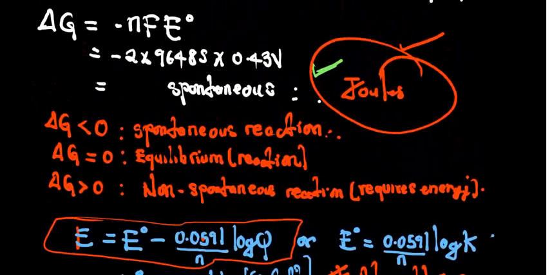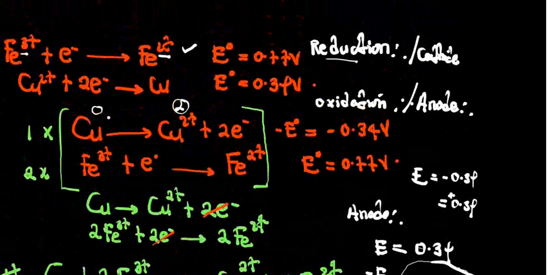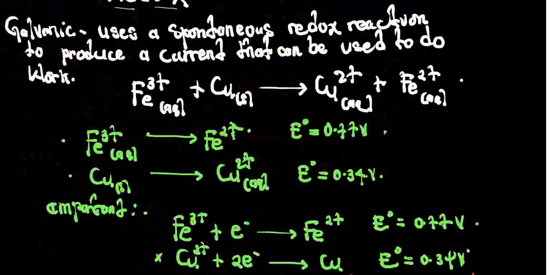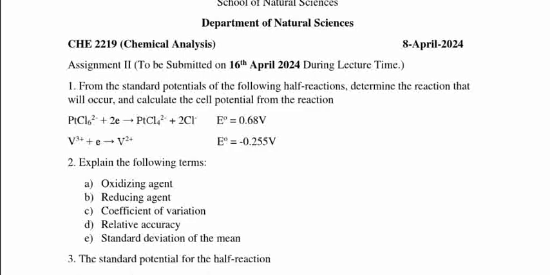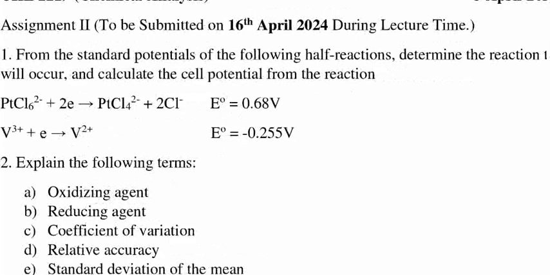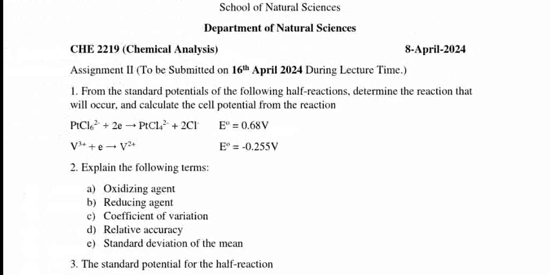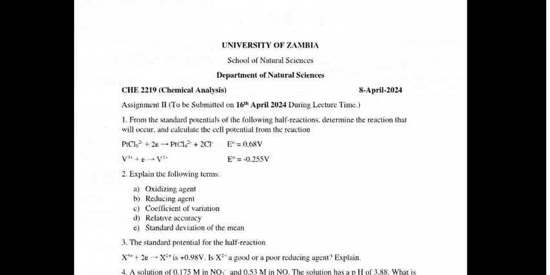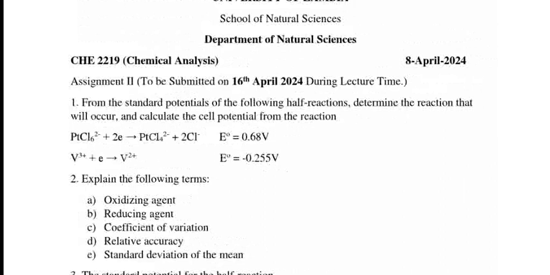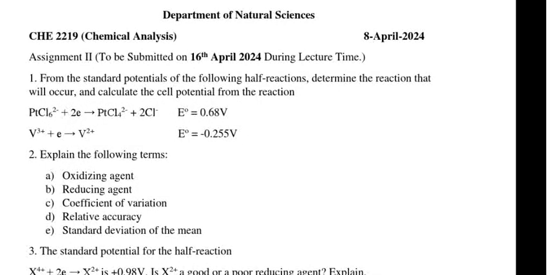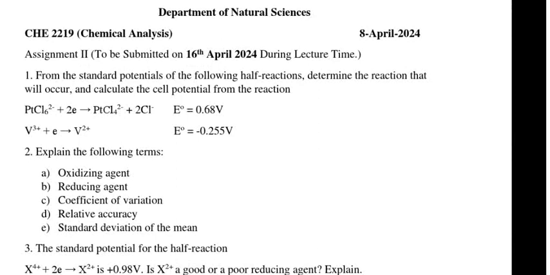Before that, I wanted us to look at this question here. I want us to learn something from this question. Are you able to see it? The question is saying, from the standard potentials of the following half reactions, determine the reaction that will occur and calculate the cell potential from the reaction.